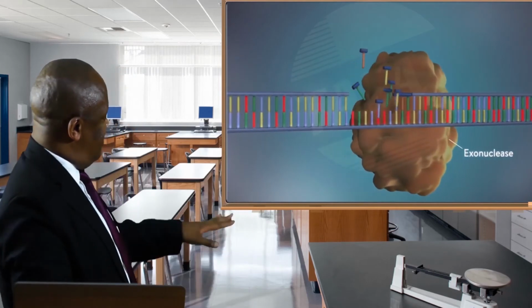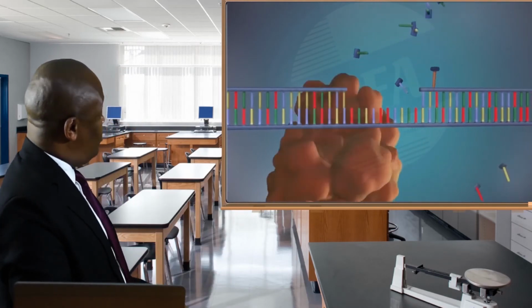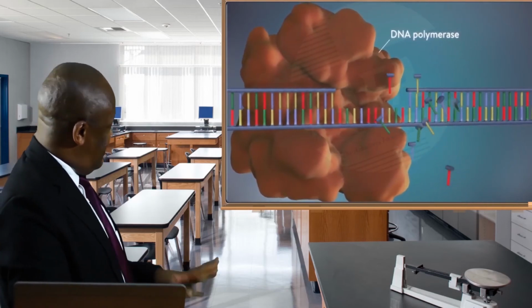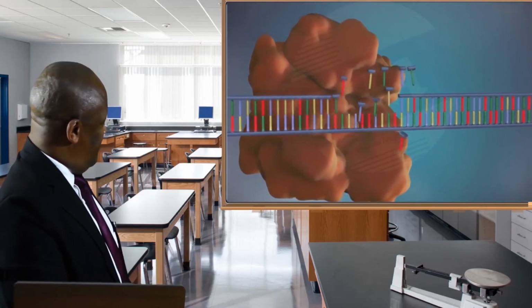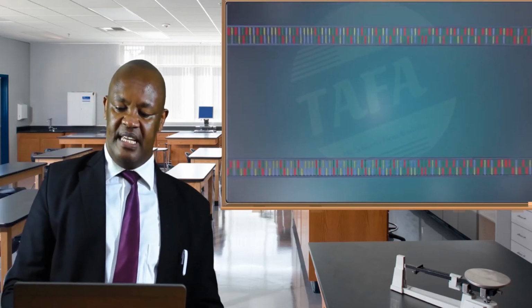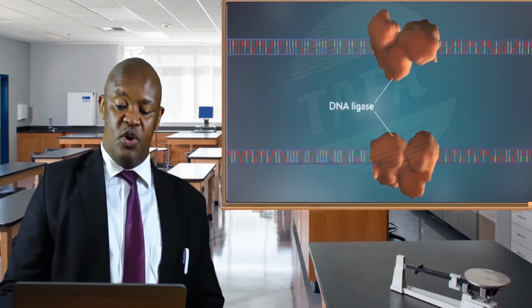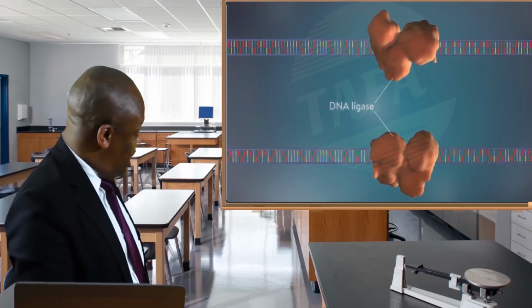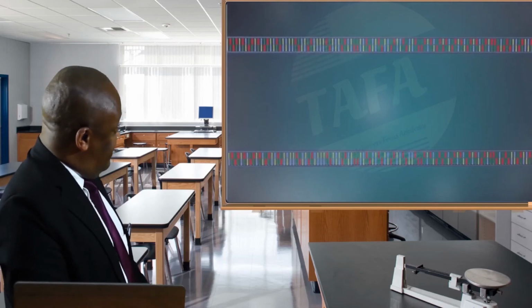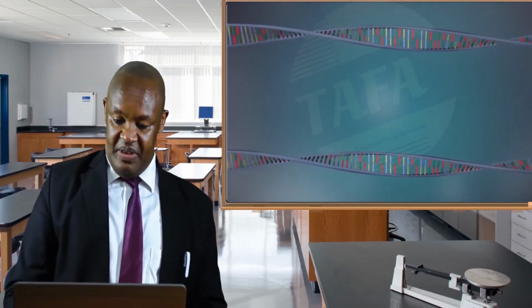You end up having two DNA structures which are the same in structure, same in length, same in everything. That's what we call DNA replication, because new DNA structures have been formed which are similar to each other.